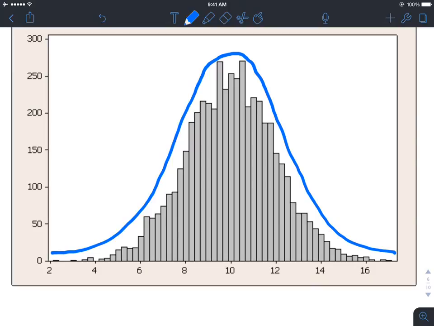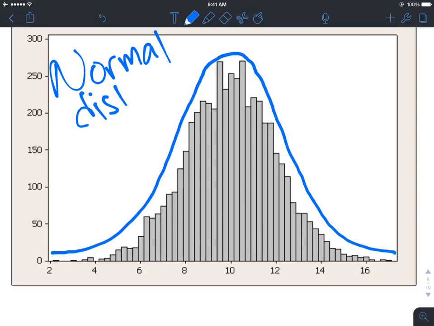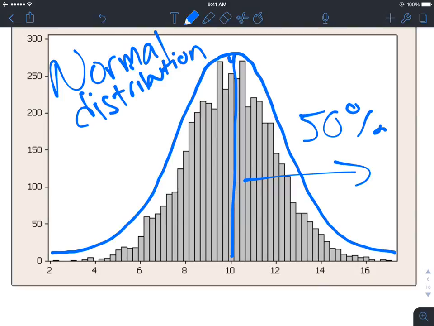This isn't really skewed, so what we actually call this is a normal distribution, because it looks as if 50% of my data is to the right and 50% of my data is to the left. So this is called a normal distribution.